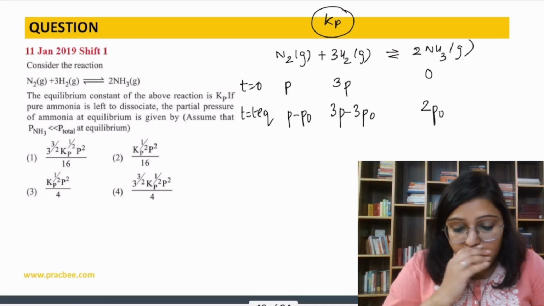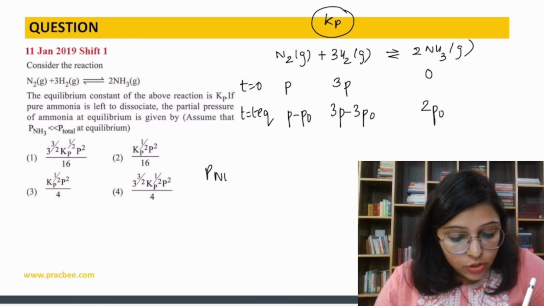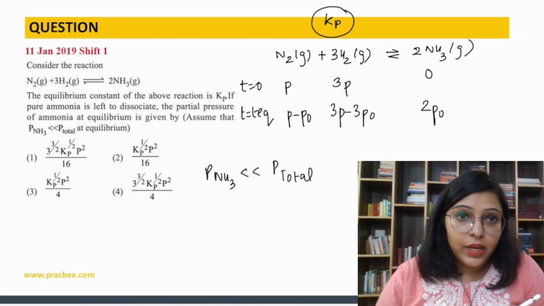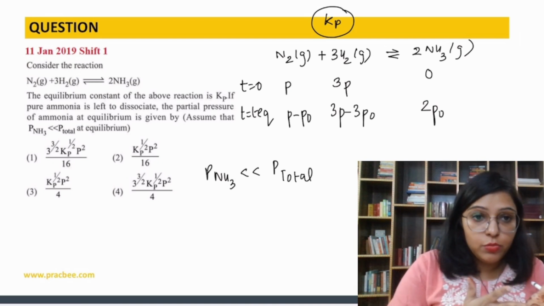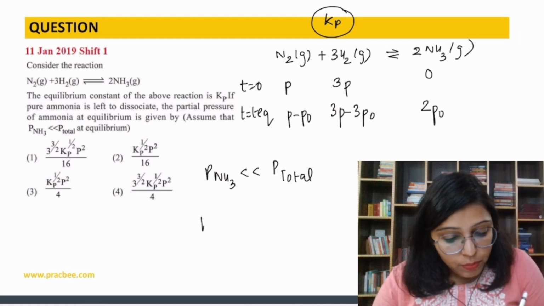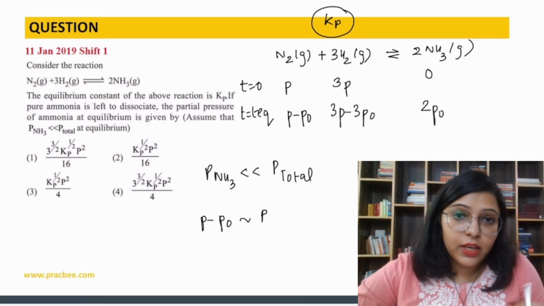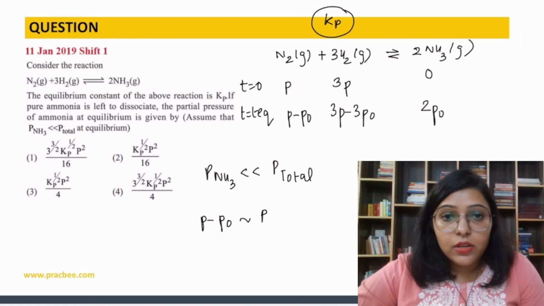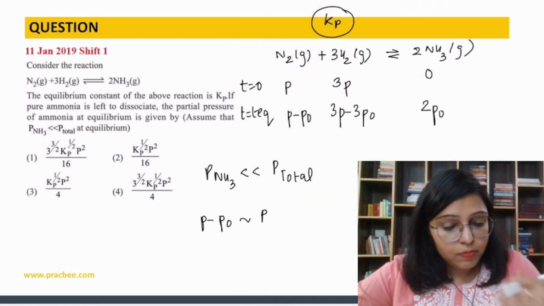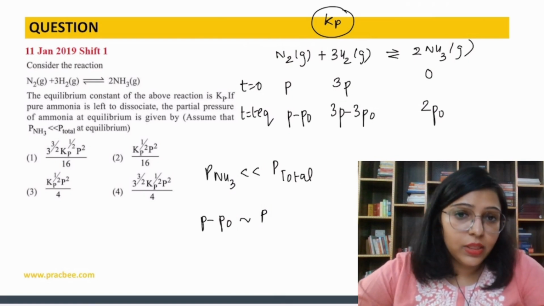Now the question says that the pressure of NH3 is very less in comparison to the total pressure. It means the reaction does not move in the forward direction. So what we can write is that P minus P naught is actually equal to P. It means we can ignore P naught, because P naught is very less in amount since the reaction doesn't go in the forward direction.